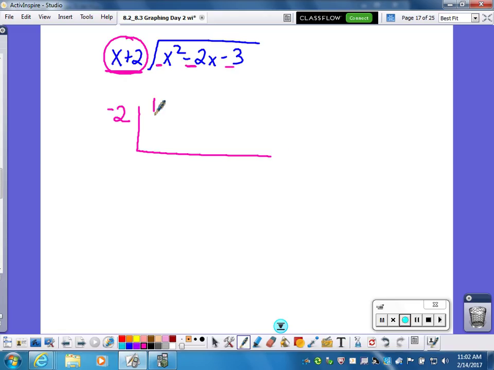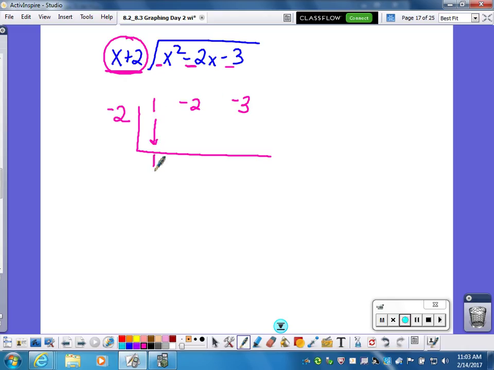So we'd have 1, negative 2, negative 3. So with synthetic, remember, x plus 2, I must use the 0 of that, and then I'm using the coefficients. And remember, I have to have an x squared, an x, and the constant.